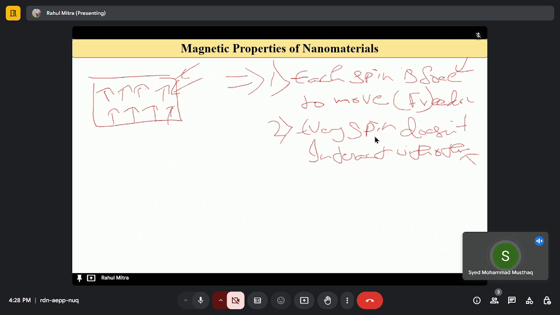So let's say I have a material in which there are n plus half spins, and also there are n minus half spins, right? Let's say they are not equal, n plus half and n minus half not equal. So let's define these terms. If I am writing the plus half in a quantum state, I can write it as alpha.